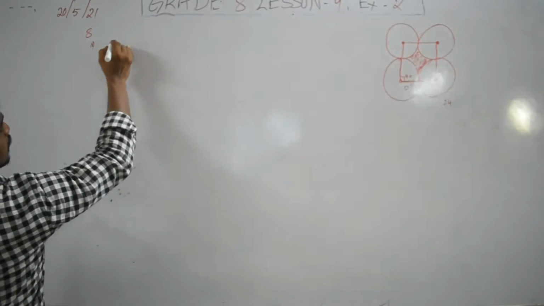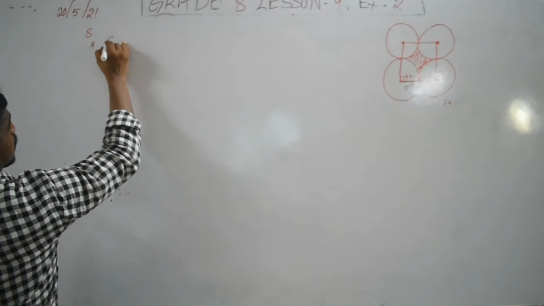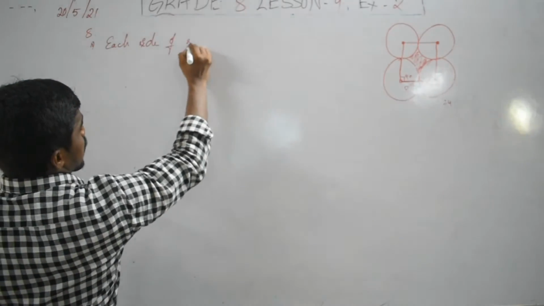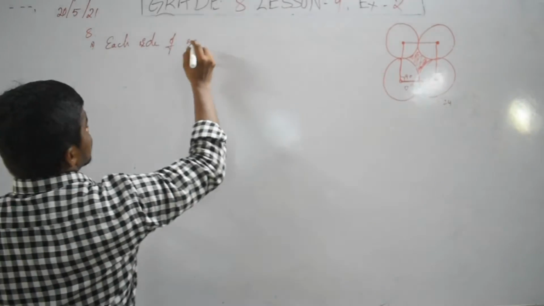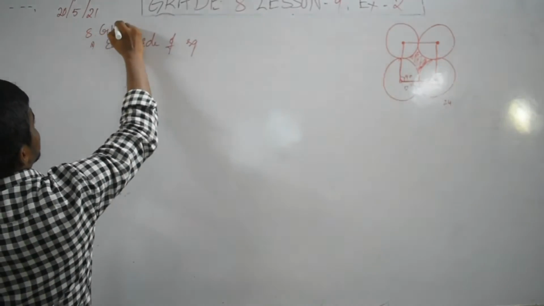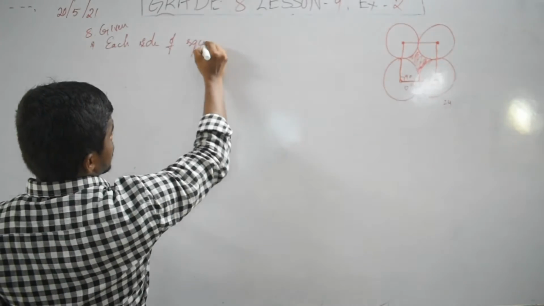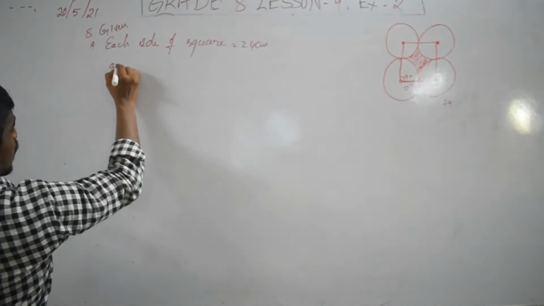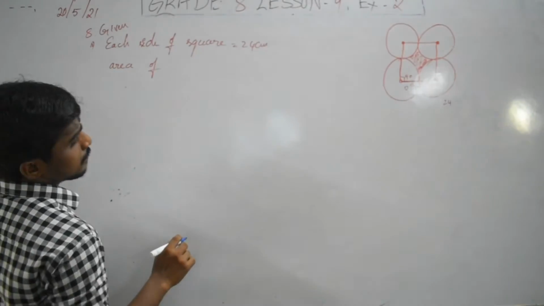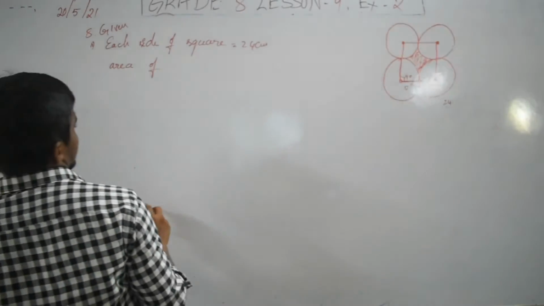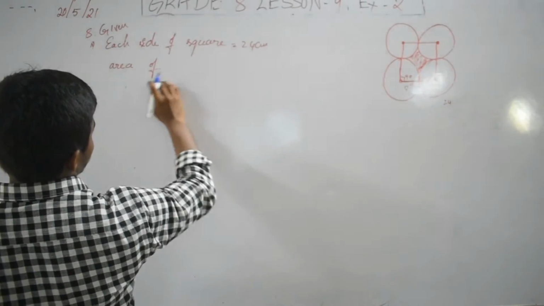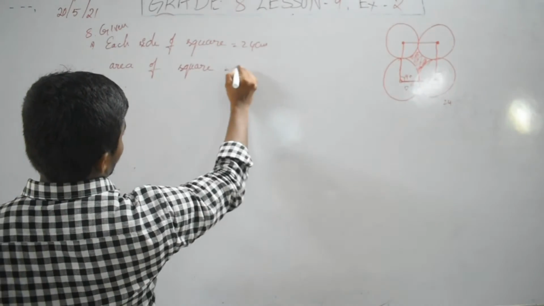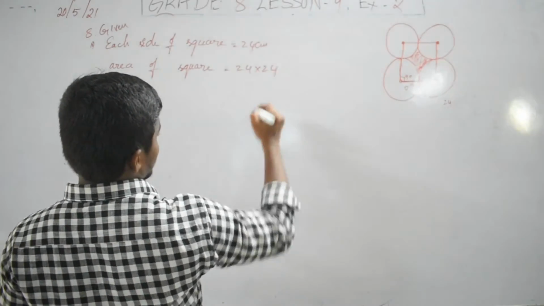So here see, each side of the square is given. Each side of the square is how much? 24 centimeters. The area of the square is 24 times 24.